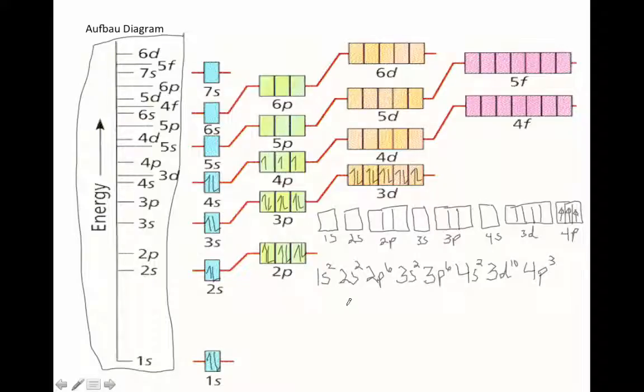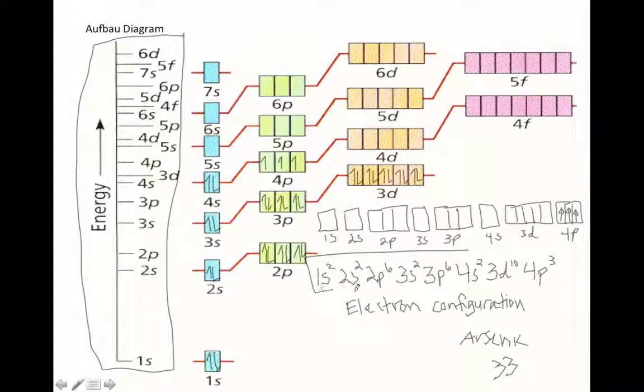So arsenic, again, this is the electron configuration for arsenic, element number 33. And this is the only element that has this configuration.